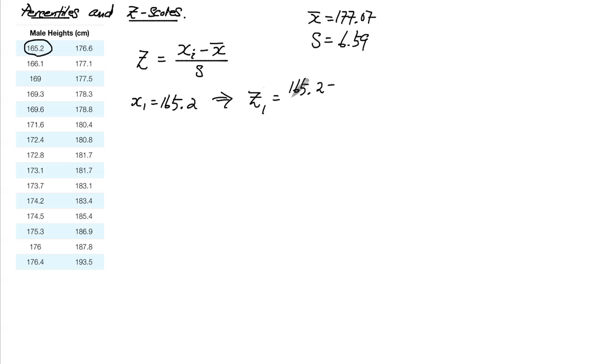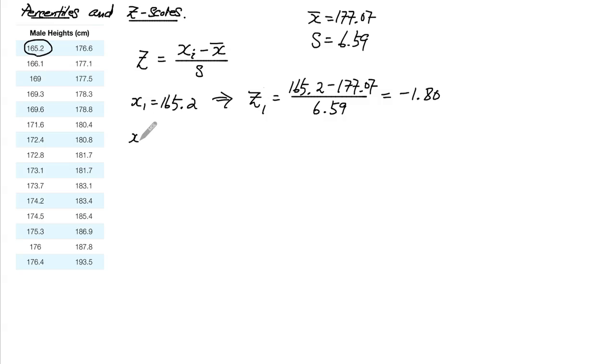So take away the mean, 177.07, from 165.2, and divide that by the standard deviation of 6.59. That gives us what we call a z-score of negative 1.80.